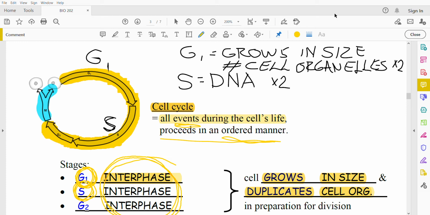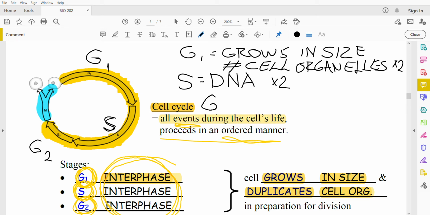And the final step of the interphase is the G2 interphase. Let's have a look at what happens during the G2 interphase. You'll notice that it's the final step of the interphase, and it's not quite as long of a stage. I was meaning to put number 2 there.